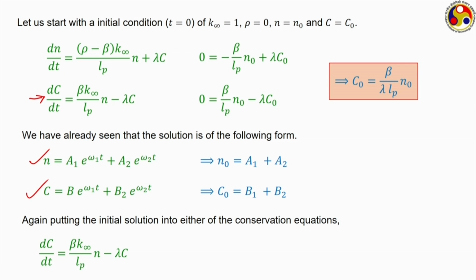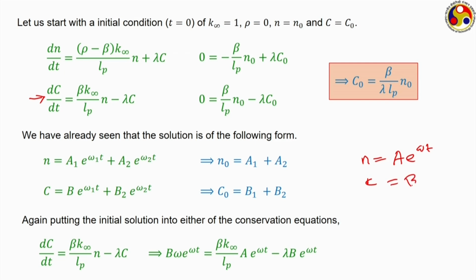Then this is the original equation that we had, and once we integrate the expression for C and put it here. Here actually we are not putting this particular equation, rather for simplicity we are putting the original form, that is n is equal to a e to the power omega t and C is equal to b e to the power omega t.